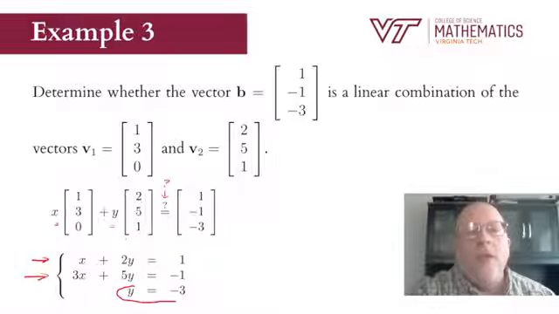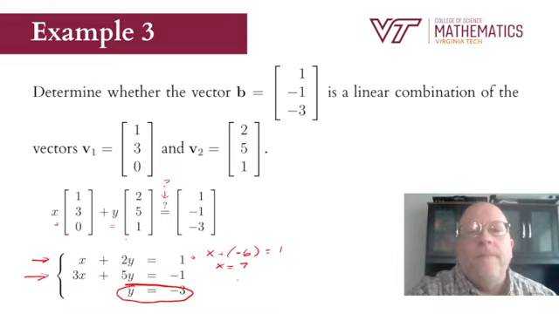So we already know what y is. y is negative 3. And so now we can solve for x. So if we look at the first equation, we get x plus 2 times y, which would be negative 6, is equal to 1. And if x plus negative 6 is equal to 1, that means that x is 7. And now we know what x is.